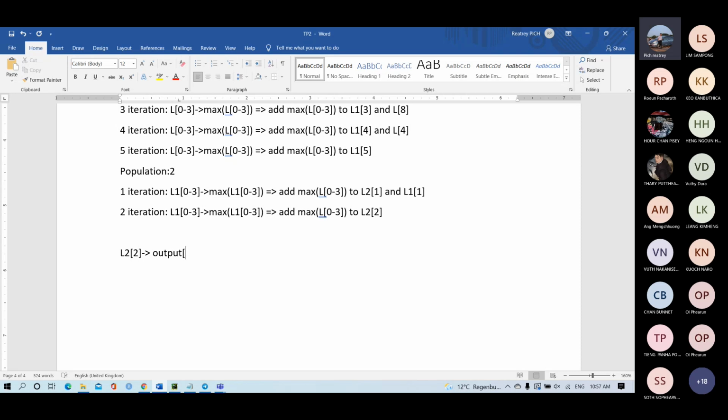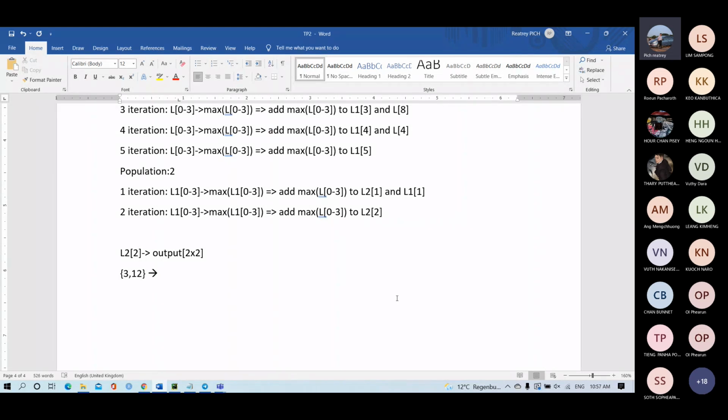The output is 2 multiplied by 2, otherwise it cannot be done. We can adjust. For example, our data gives 3, our array 3 and 12. What is the suitable result? I use average this time.